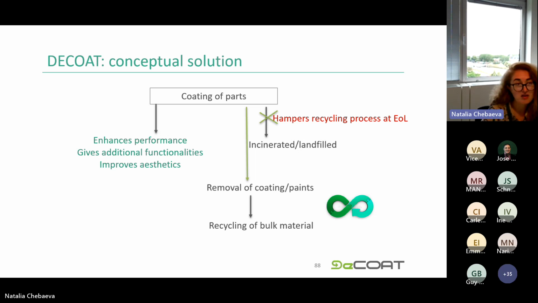That is why in the end of life, as it happens now, the coated plastics go to incineration and landfilling, and decoating solutions help to debond or detach the coating from the parts and free the substrates for recycling.